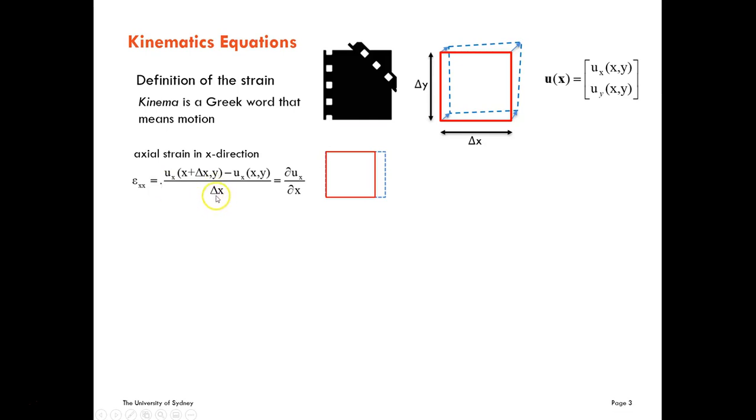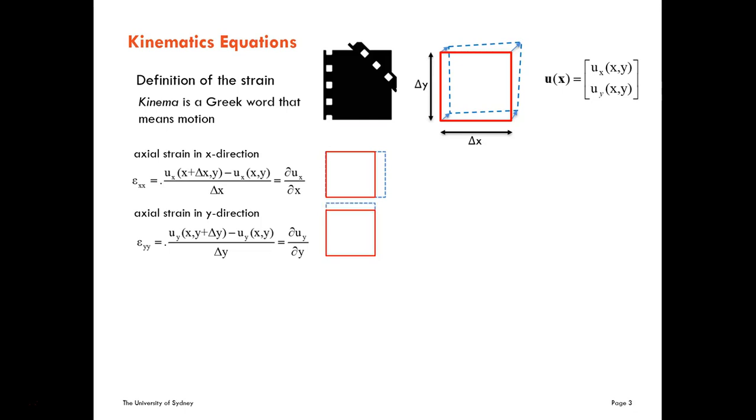When delta x and delta y go to 0, then we get the partial derivative of the x displacement with respect to x, which is the definition of the axial strain. So in the same way, the axial strain in the y direction is defined like this, and is related with axial deformations in the y direction.